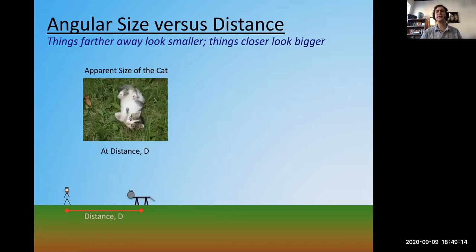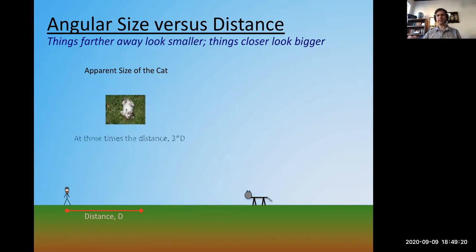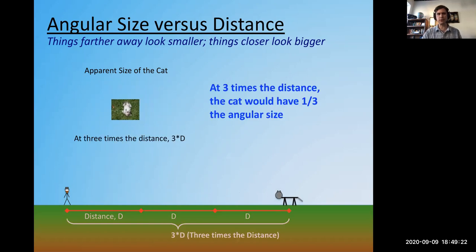So this time, let's not double the distance, let's go to 3 times the distance. So now the cat will be 3 times farther away. As it moves farther and farther away, it continues to look smaller. And at 3 times the distance, the cat would look 1/3 the size. You're probably starting to see the relationship here. Double the distance, 1/2 the size.